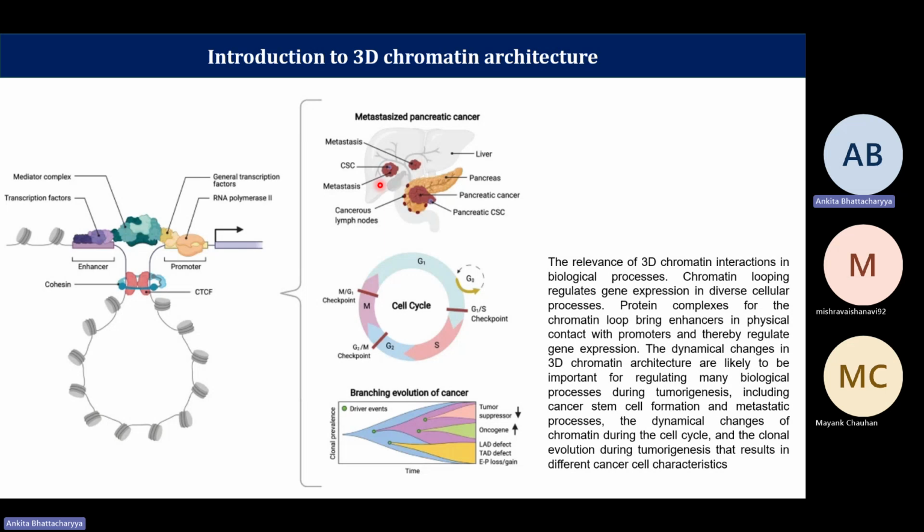There are drugs which have been synthesized or are under clinical trials to target such proteins and disrupt 3D chromatin architecture to make it a better strategy for cancer patients. It can also influence cancer evolution and cell cycle, and therefore 3D chromatin architecture is very important, and we'll learn about it also. So that covers the discussion I wanted to do for today.